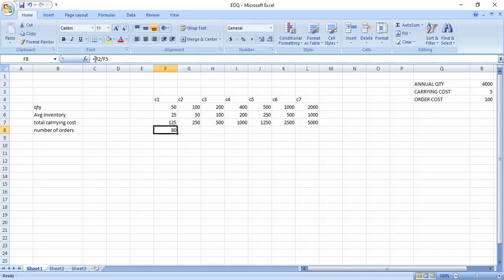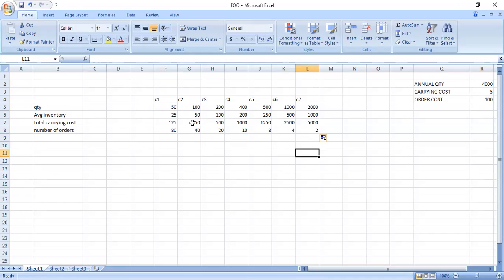Now I'll apply here dollar, so I'm stretching it out. Just see here, if I'm ordering 50 units, I have to order 80 times in a year. And if I'm going with 100 units, I should order 40 times.